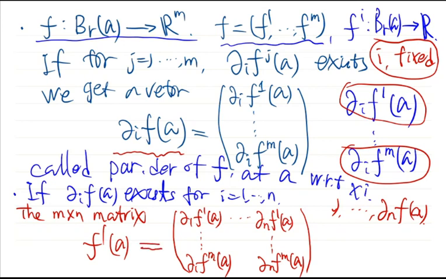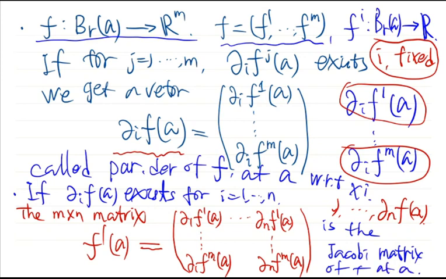We use this notation, which is the same as our notation for the derivative in our study of single variable functions. We will explain this later, but we just use this notation here. This matrix is called the Jacobian matrix of f at A, of our vector valued function at the point A.